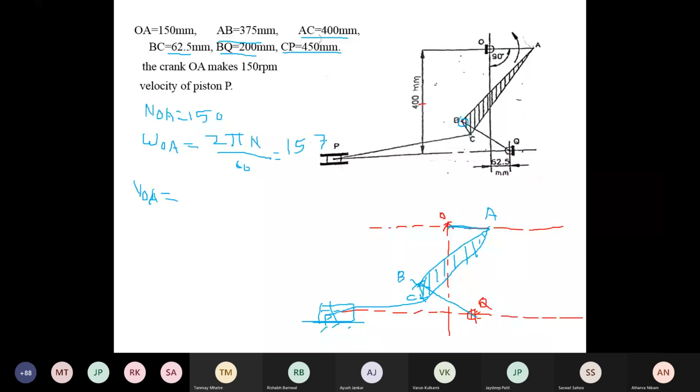Okay, now find out velocity OA is equal to distance OA in meter into omega OA. आ रहा है? velocity OA कितना आ रहा है?